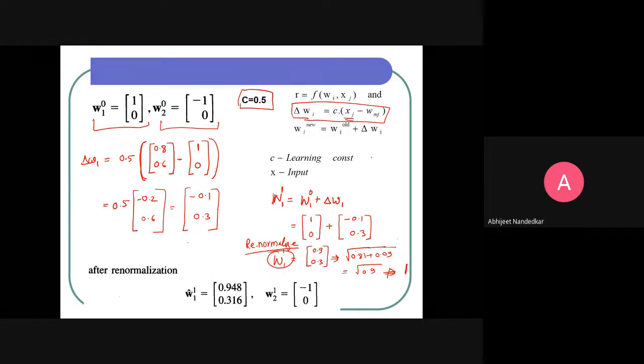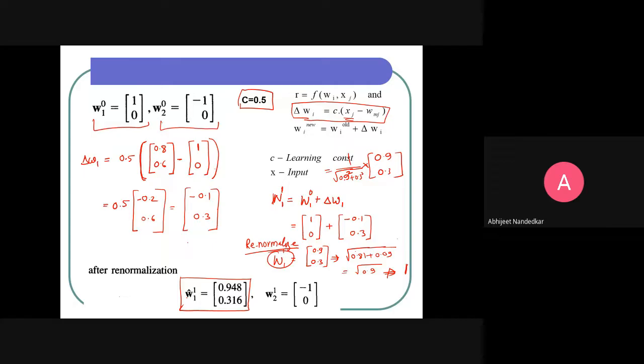What we can do is multiply (0.9, 0.3) by 1 over the square root of 0.9 squared plus 0.3 squared. If you do this step, the updated weight will be renormalized and will be equal to this.